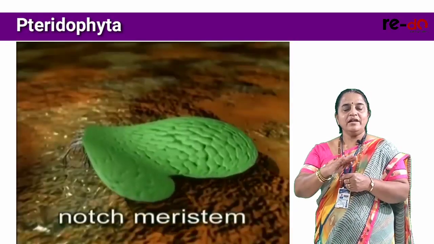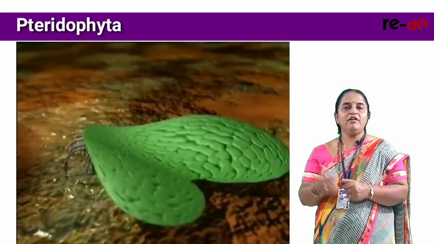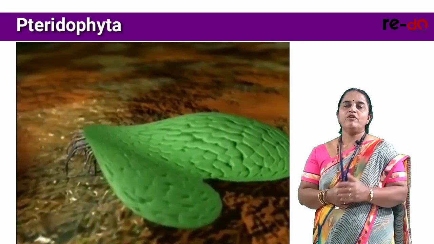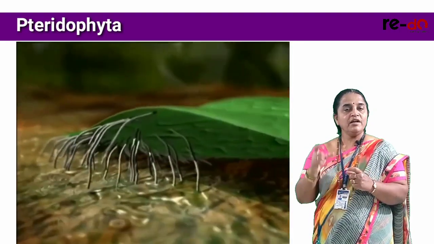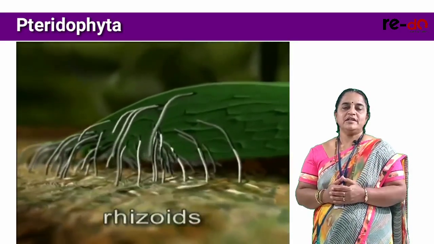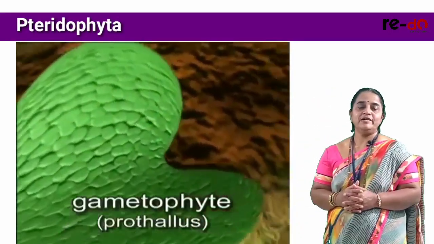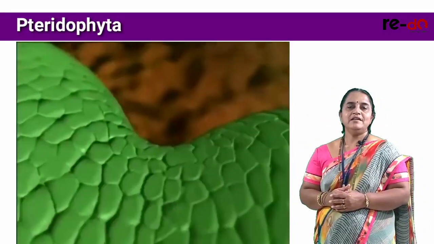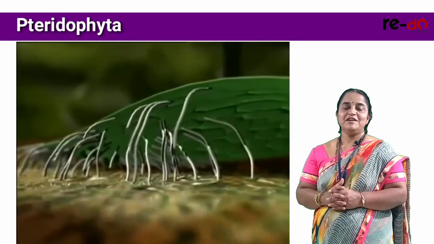On the rhizoid, a green-colored heart-shaped patch starts developing. It is for photosynthesis during the growth phase. This is now a gametophyte representing a thalloid structure. Hence, it is known as prothallus. In most of the pteridophytes, this prothallus is said to be bisexual, monoecious.